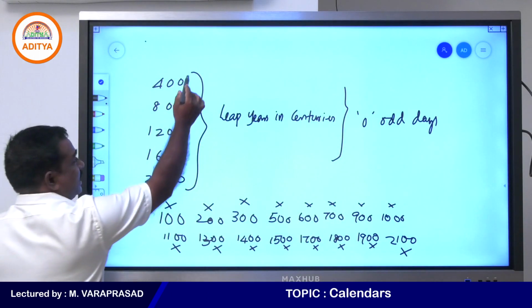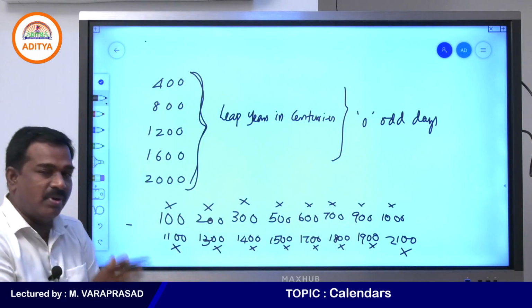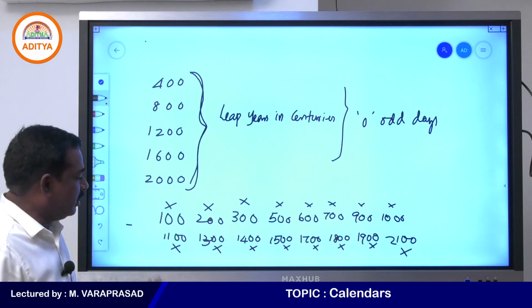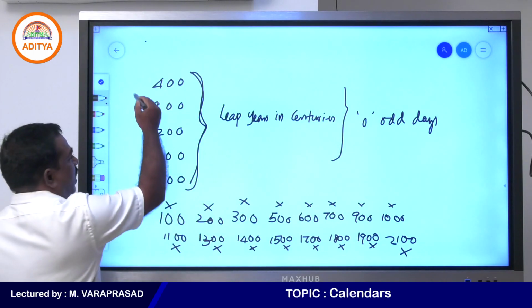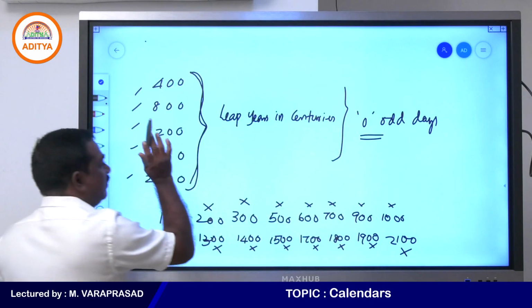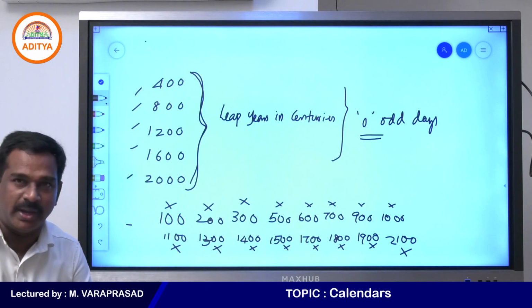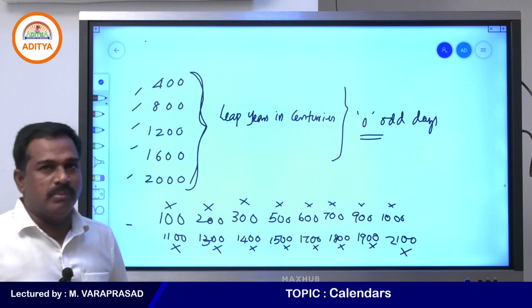So these are the leap years in centuries. All the other centuries are not leap years. So these 5 have 0 odd days. Keep that in your mind. This is a very important point. We can do many sums by using this.